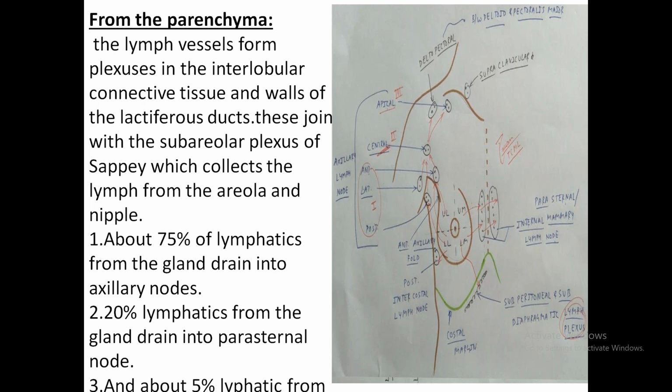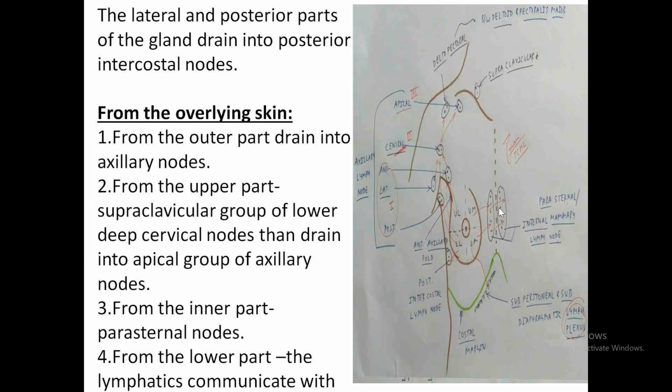These join with the subareolar plexus of Sappey, which collects the lymph from the areola and nipple. About 75% of lymphatics from the gland drain into the axillary lymph nodes and 20% drain into the parasternal nodes. About 5% of lymphatics from the lateral and posterior part of the gland drain into the posterior intercostal nodes.